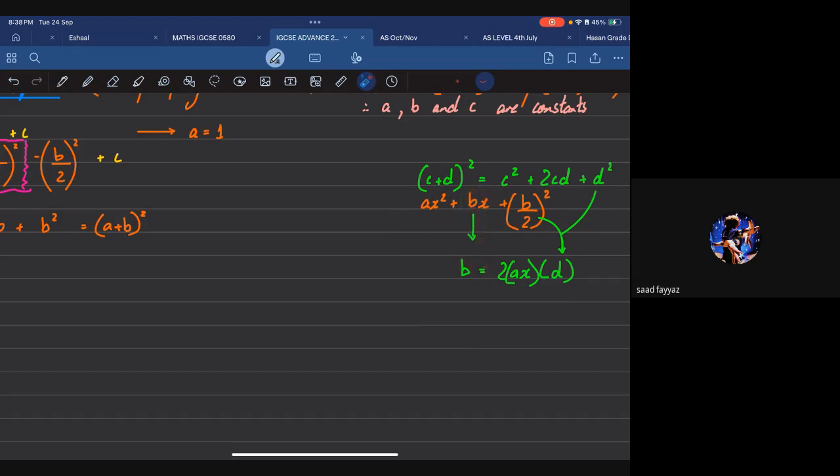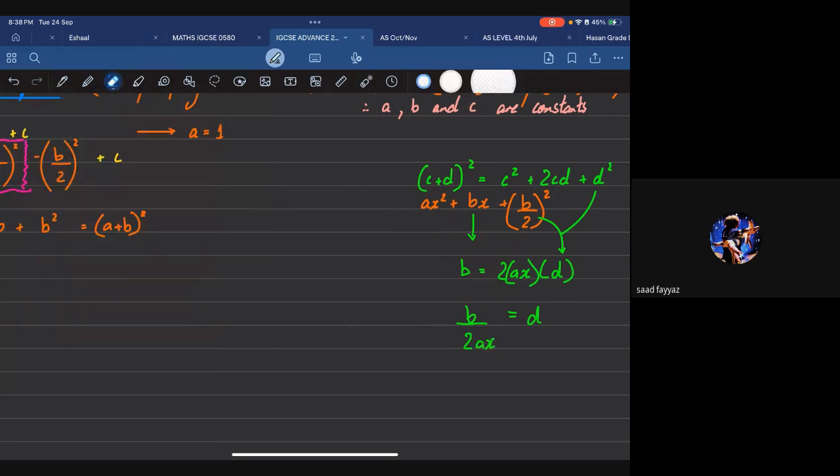So technically what is happening? 2 times this ax and this value. So in order to find this, can I simply do it as b over 2? Now, why are a and x not considered?